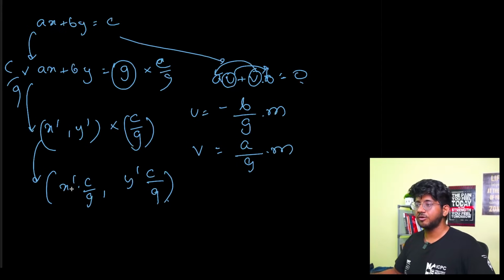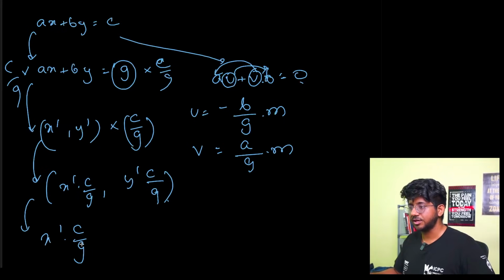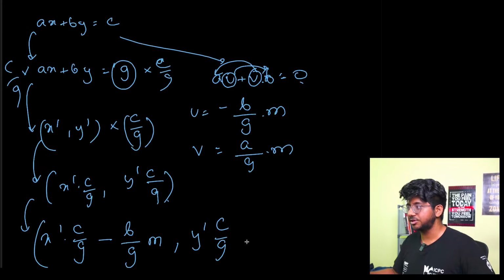And the general format is the solution x dash times c by g, plus u, minus over here, and on this side you have y dash times c by g plus a by g times m.